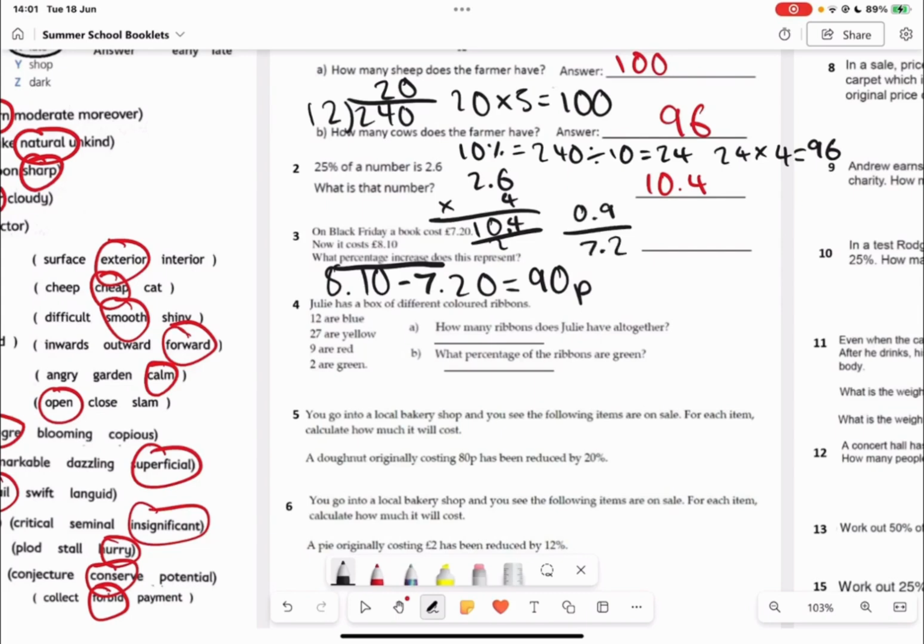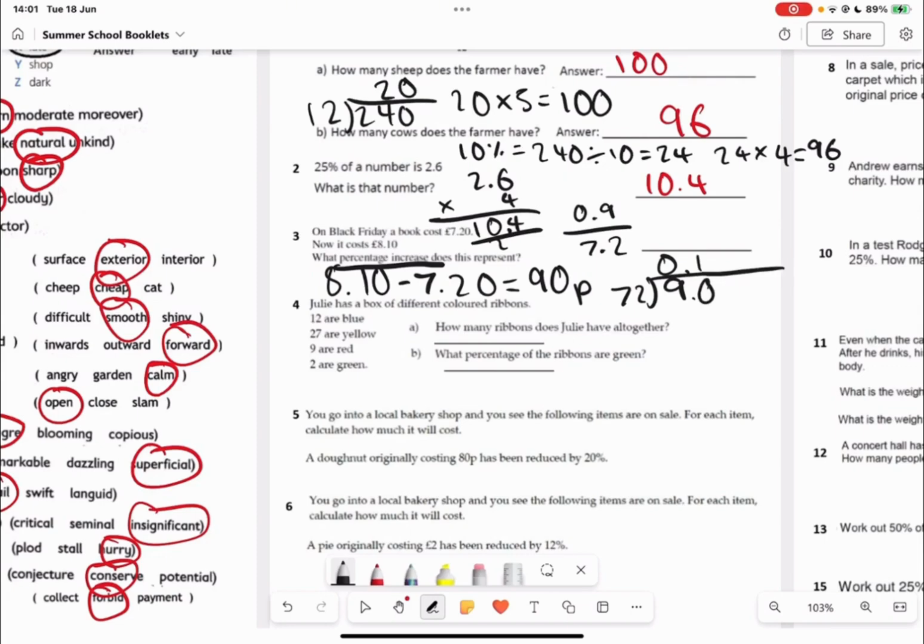What we can do is multiply both by 10, so the scale is still the same, and then we have 9 divided by 72. So first we see how many 72s go into 9, which is 0. Then we add our decimal place and another 0. And how many 72s go into 90.